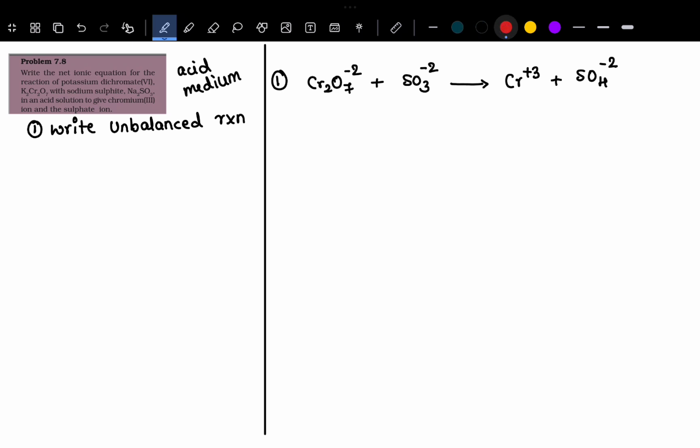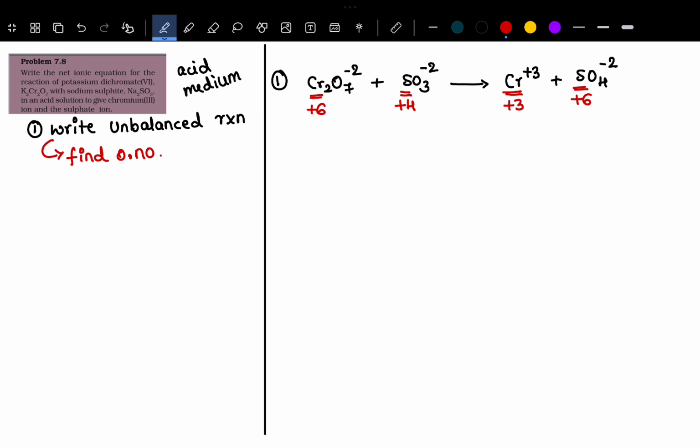Now once you have written this unbalanced reaction, in the next stage you have to find the oxidation numbers. Here chromium has an oxidation state of plus 6. Here sulfur has plus 4. Here chromium is plus 3, and here sulfur has a plus 6 oxidation state.